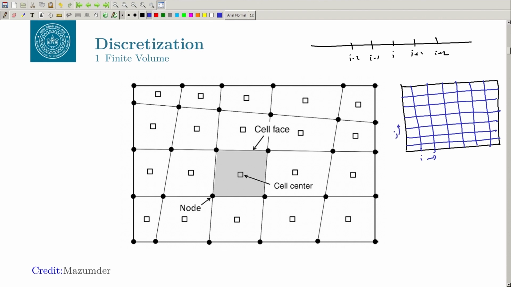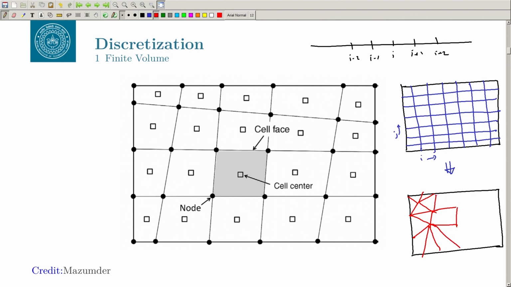What if I want to put a very complicated domain here, right. Or let us say on the same domain you are putting a very complicated grid. Okay. Let us say I want to use a grid which is something like this. Of course, they have to connect to the boundary, okay, but this is my grid.